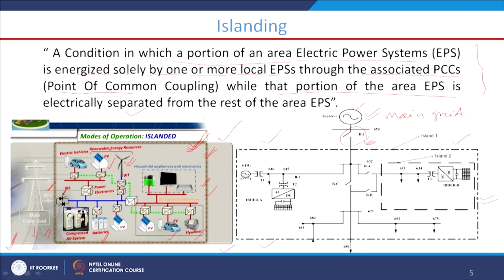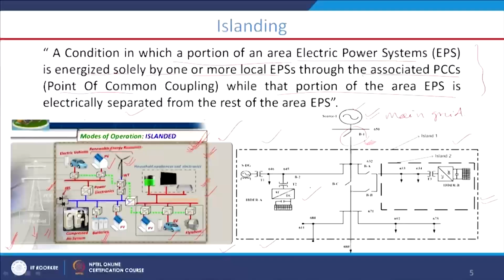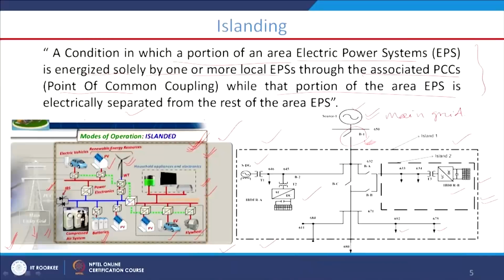This dotted line shows our microgrid system, where we have solar, a synchronous based DG, and also one more solar. Of course, we can add the wind system also, and loads. Together, this solar, wind, battery or synchronous based DGs, and loads constitute the microgrid system, and this total microgrid system is connected to the main grid with the help of this circuit breaker B1.